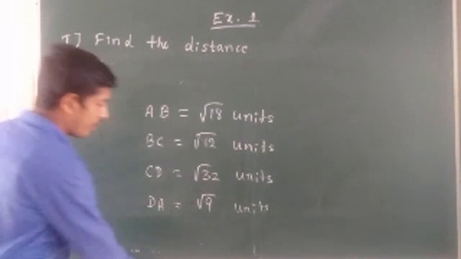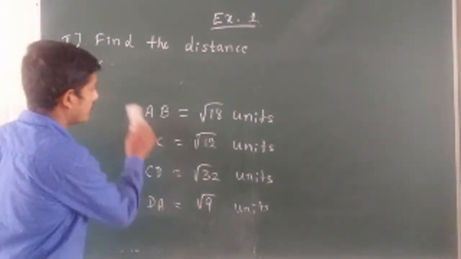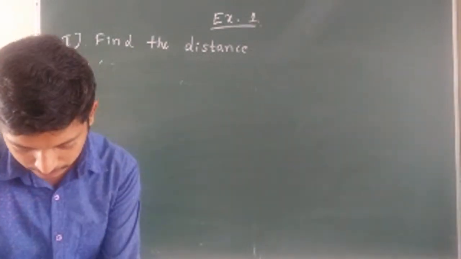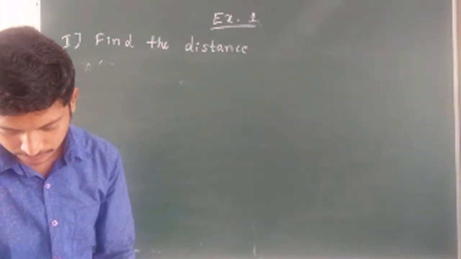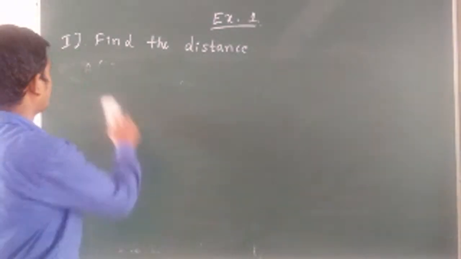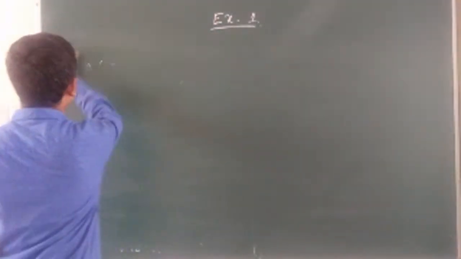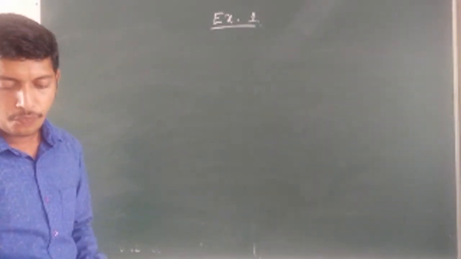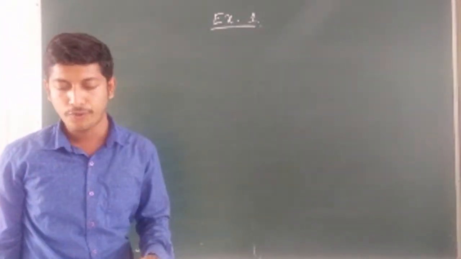Now, I will solve another problem. Check whether (5, -2), (6, 4) and (7, -2) are the vertices of an isosceles triangle or not.